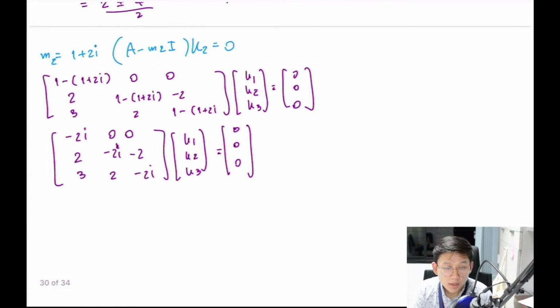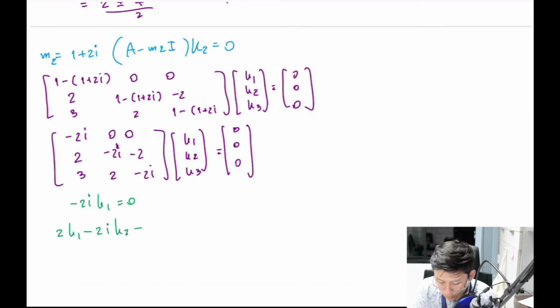After that we get that minus 2i k1 equals 0, 2k1 minus 2i k2 minus 2k3 equals 0, and 3k1 plus 2k2 minus 2i k3 equals 0.